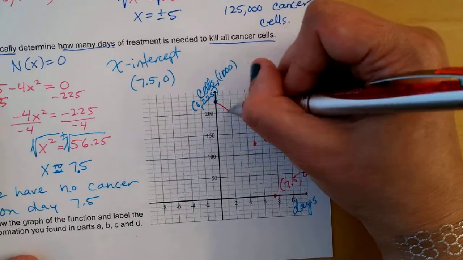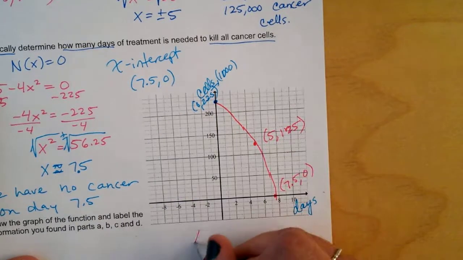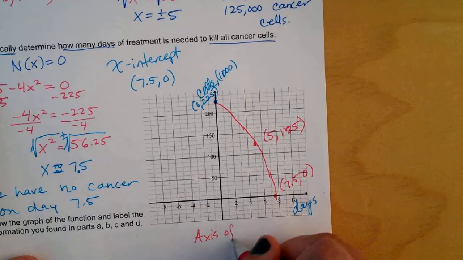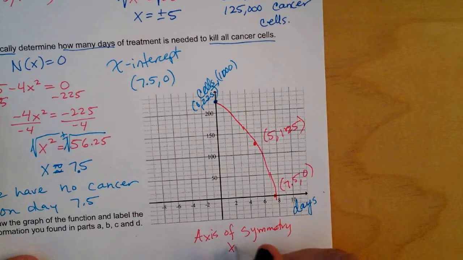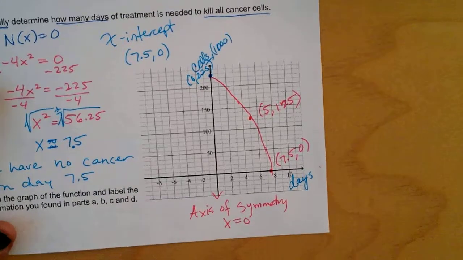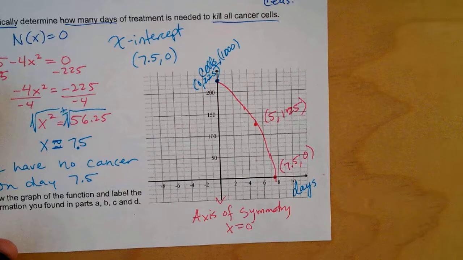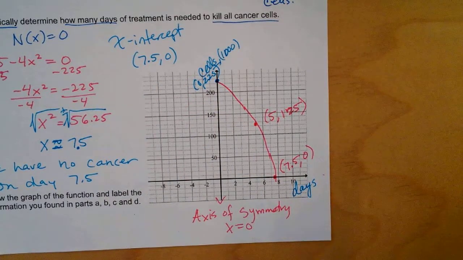So this is actually coming down like this. The axis of symmetry, yes, is x equals 0, which is the same thing as the y-axis. Okay? But we only care about the positive numbers here. I'm not even graphing the negatives. And you can again use your calculator like I've shown to check some of those.